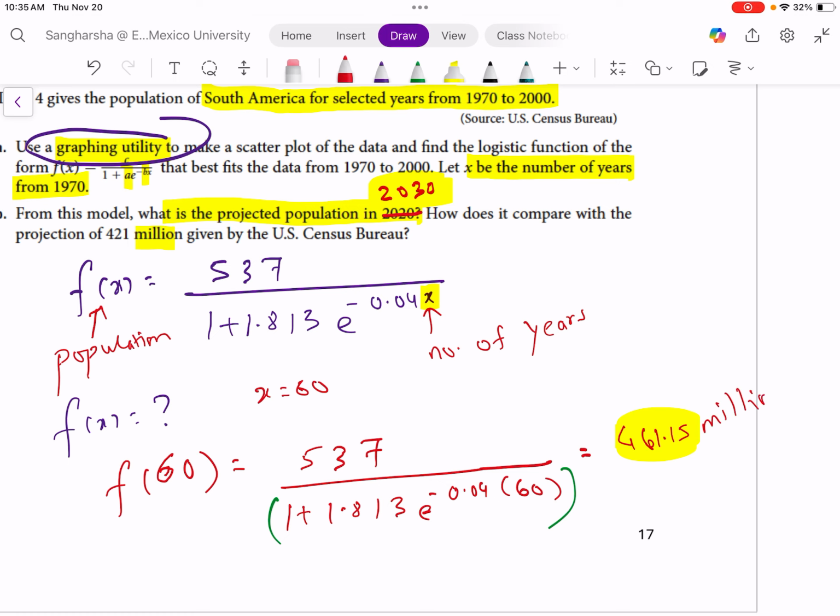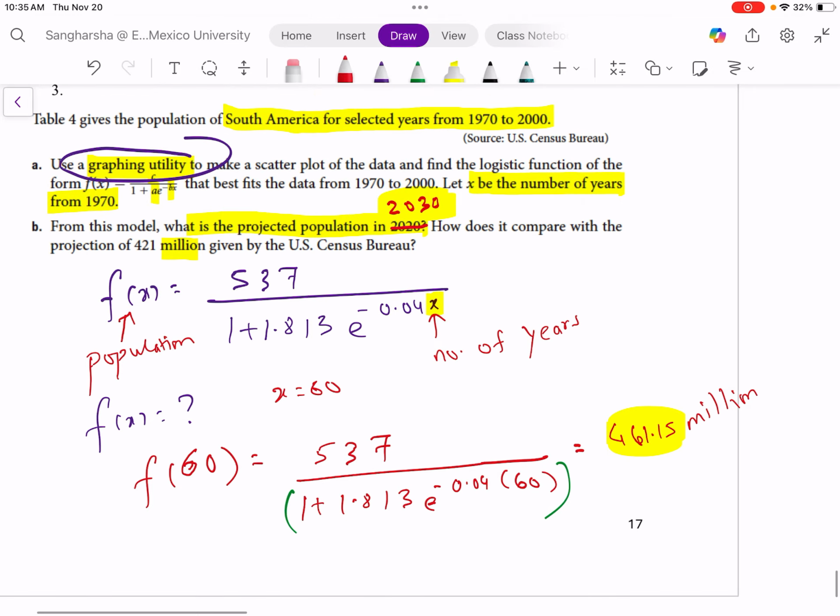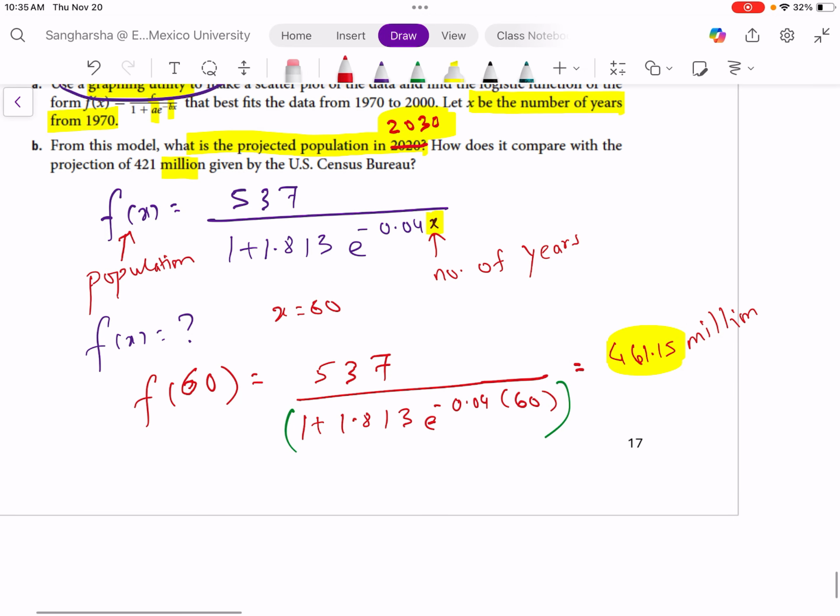We can project using this model. We use this kind of mathematical model to make a projection, but it may not be 100% true. The population may not be exactly 461, but this is what we can estimate.